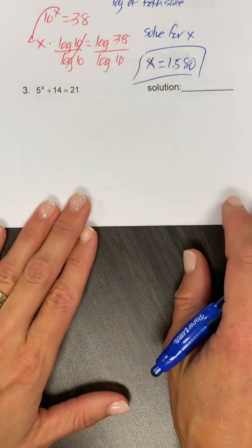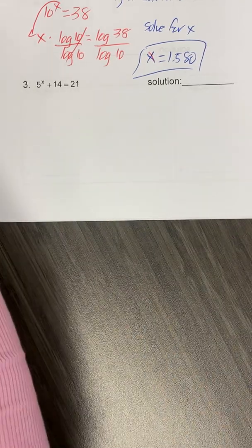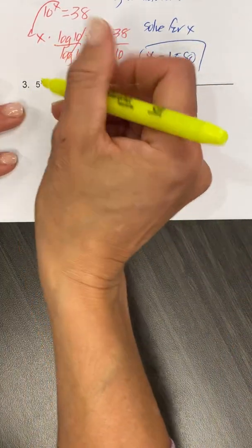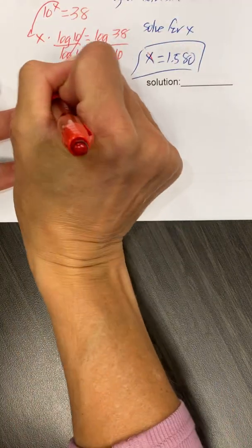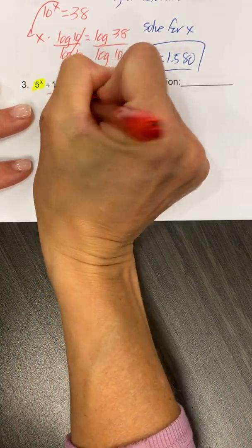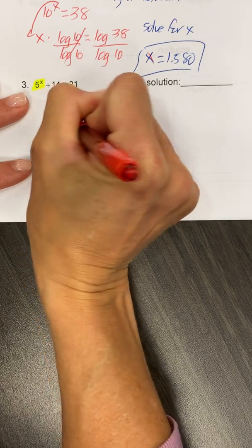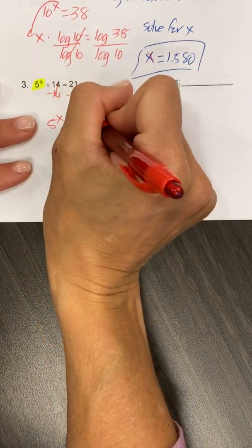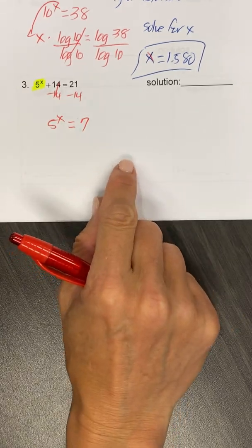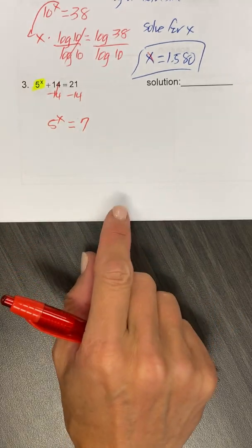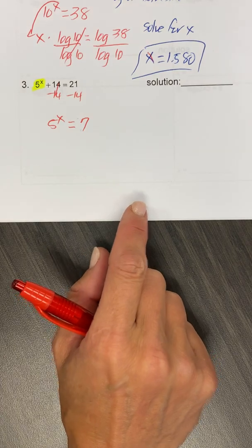All right. Number 3, same thing. Going to get x by itself. 5 to the x equals 7. If I could change 7 to a base of 5, I wouldn't even have to use logs. That's what we did earlier in the chapter.